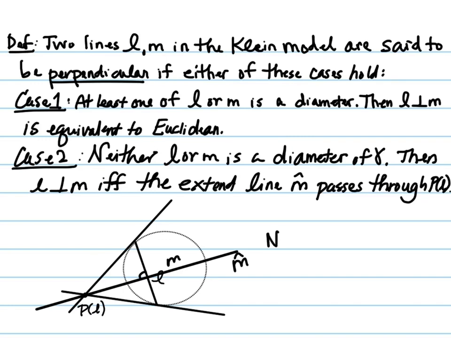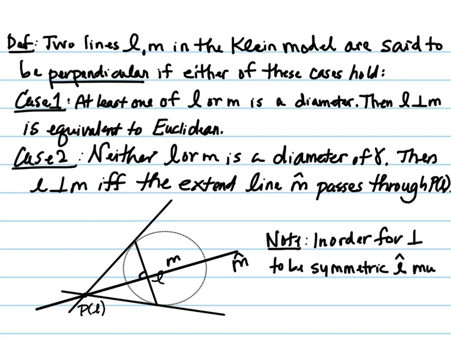Note, in order for perpendicularity to be symmetric, we want to say that M is perpendicular to L and L is perpendicular to M. We want that to be a symmetric description. L hat must pass through P of M as well.